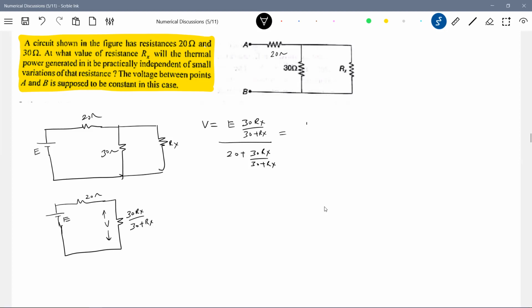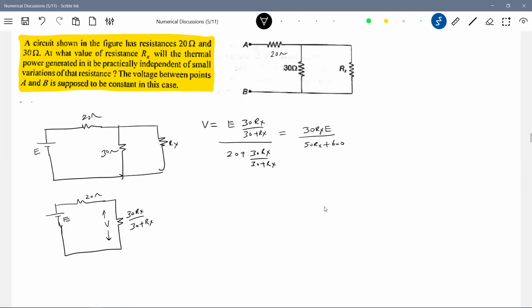On simplification, 30 Rx will be there, E will also be there. This will be 50 Rx plus 600.